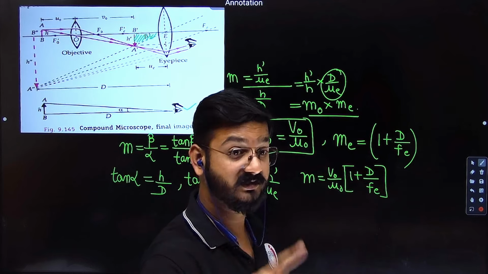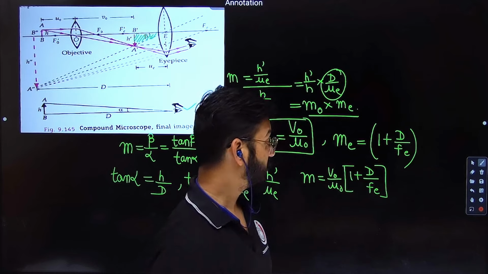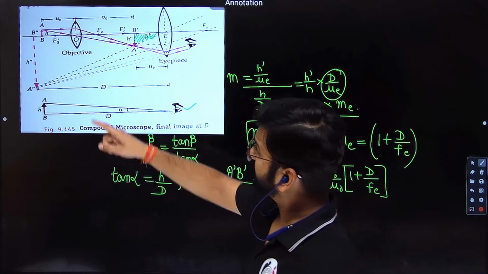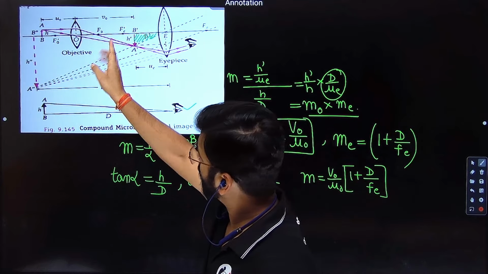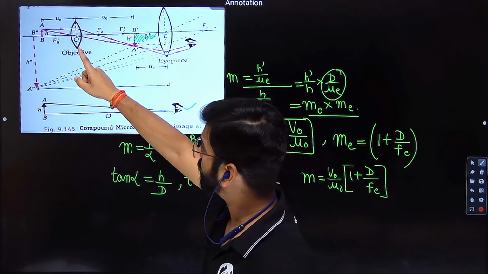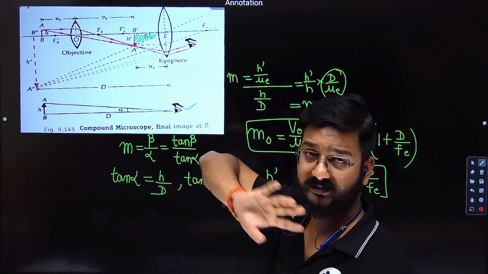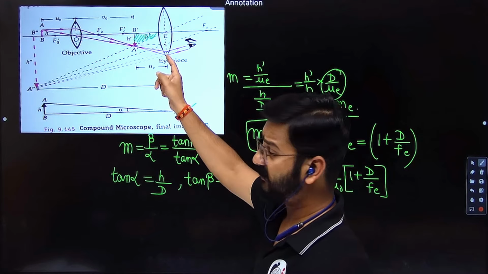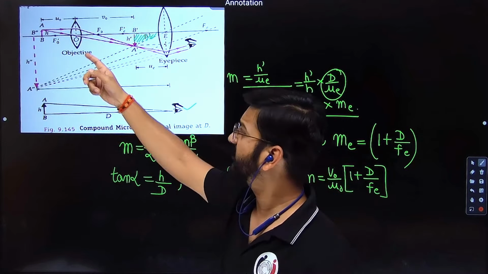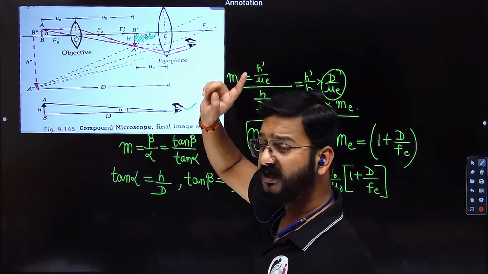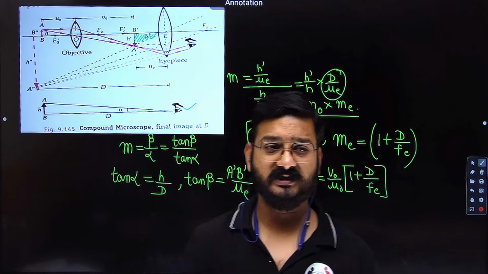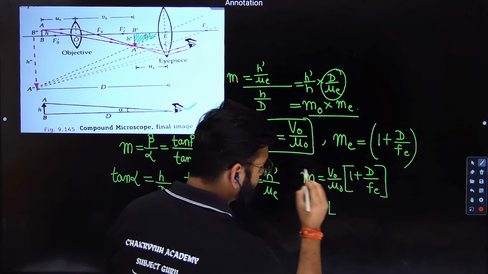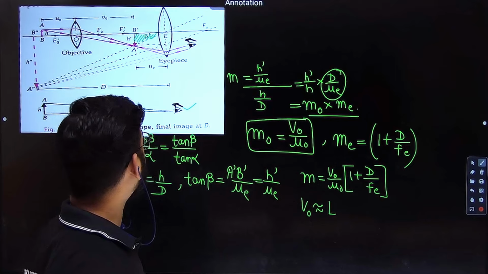We will modify it further by taking some approximations. What is the first approximation? If you see in the figure, this V naught is almost, not exactly, almost equal to the distance between the objective and eyepiece, which is called the length of the tube connecting objective and eyepiece. So we can say that V naught will be approximately equal to L, first approximation.